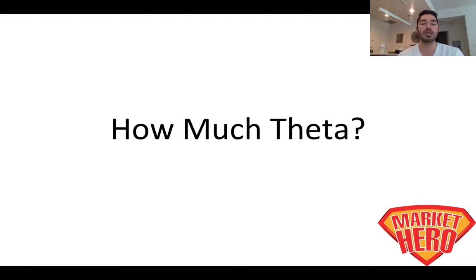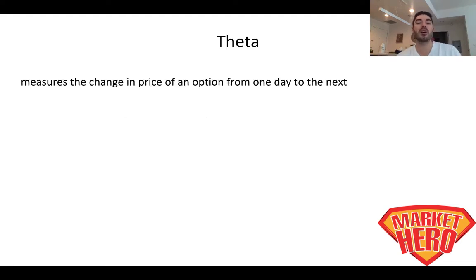The question that was presented last week on the webinar was, how much theta decay should we have? If you've gotten to this point of the actual trading lessons, you know what theta is, right?